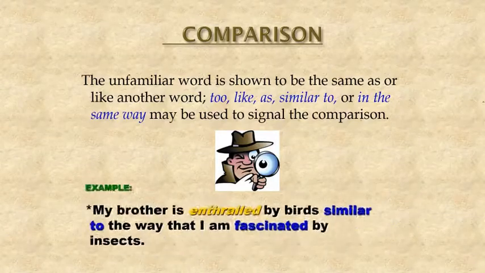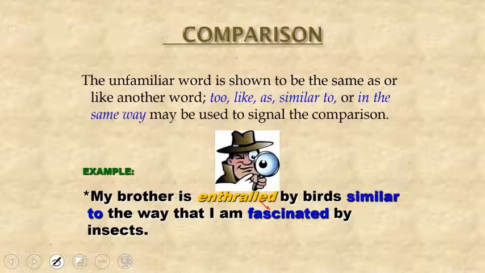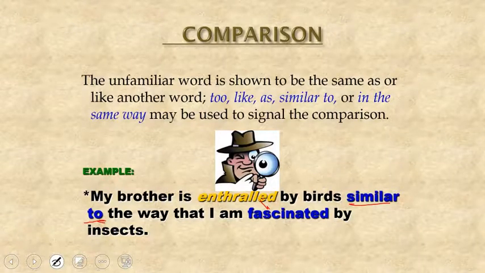So we have: "My brother is enthralled by his beard, similar to the way that I am fascinated by insects." These two words, enthralled and fascinated, mean the same because of "similar to the way that I am." So it tells us we are in the presence of a synonym.